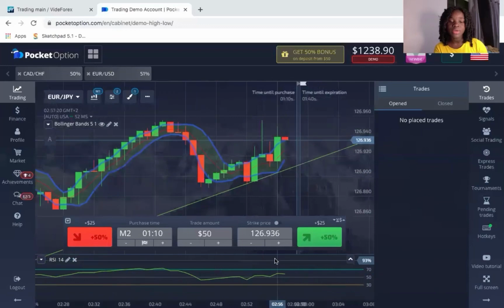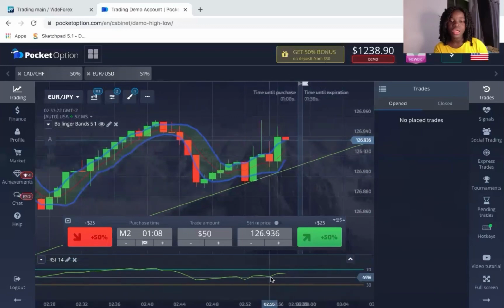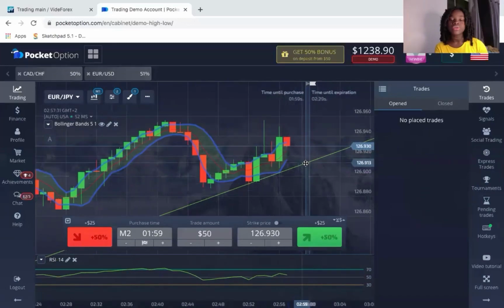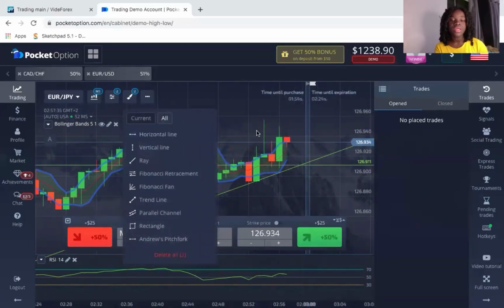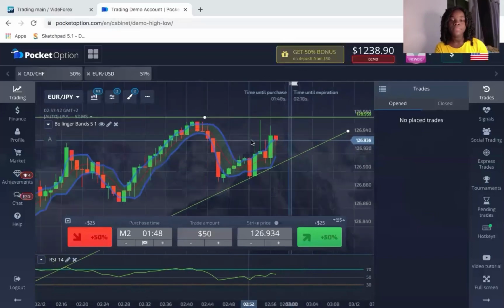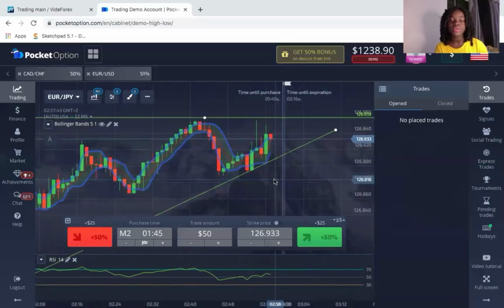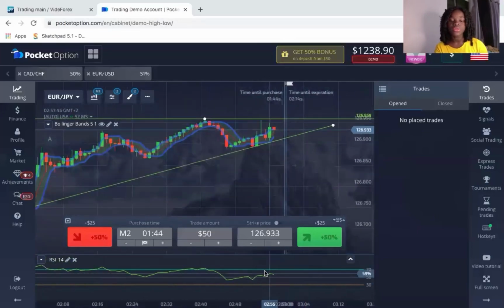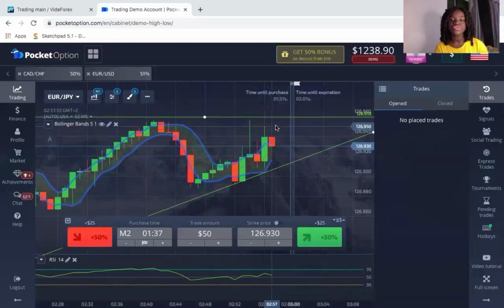Remember what we said about the gray line, how it's going to touch it, and once it touches it, if it goes away from it, it's going towards that blue line, which in this chart would be right here, which creates a new high, right? And you'll be able to see it, which is going to create a new high, and that's that blue line right here. It did it before. It's going to do it again. Have patience. Just know that it's going to go up and touch this line right here.